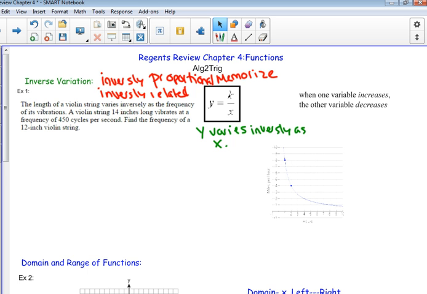There's some keys in here. We want to figure out which part represents the y, which part represents the x.